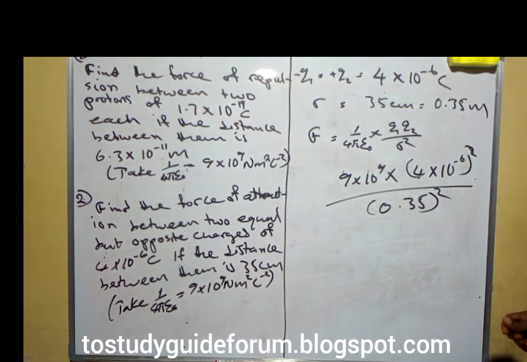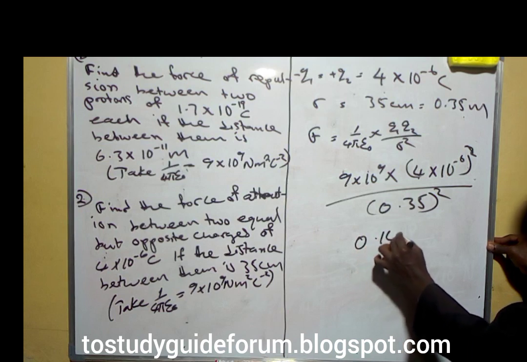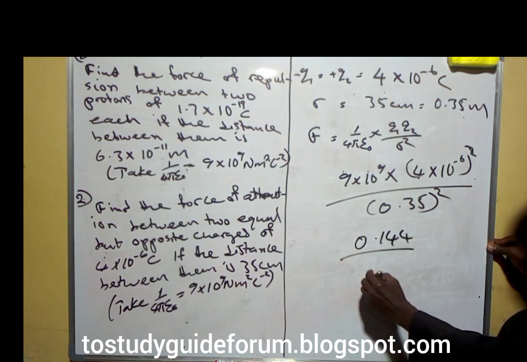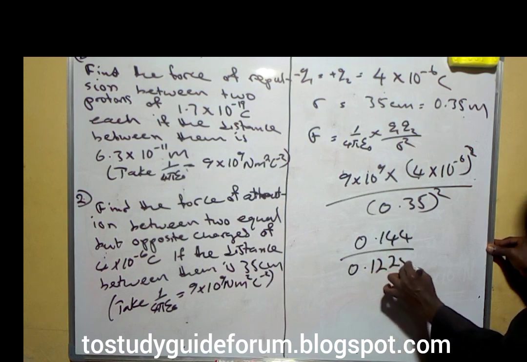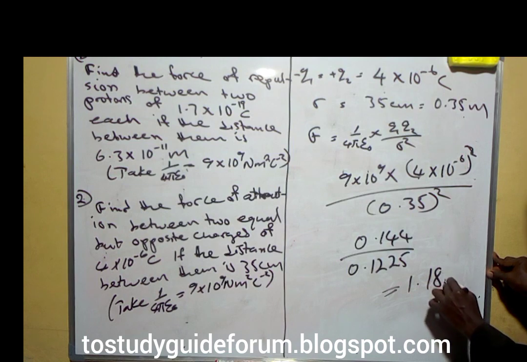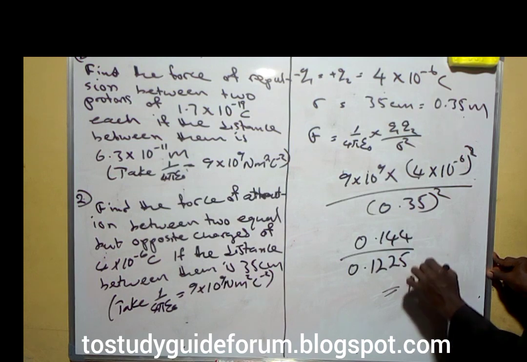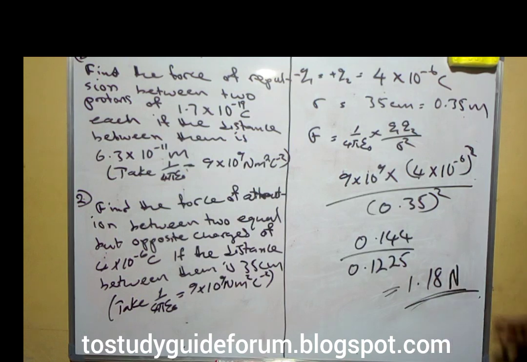We will multiply to have 0.144 all over 0.1225. When you divide through, you have 1.8 newton.